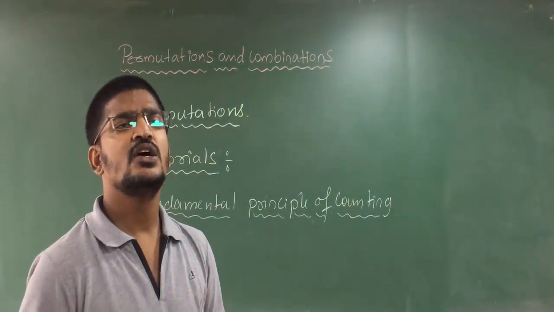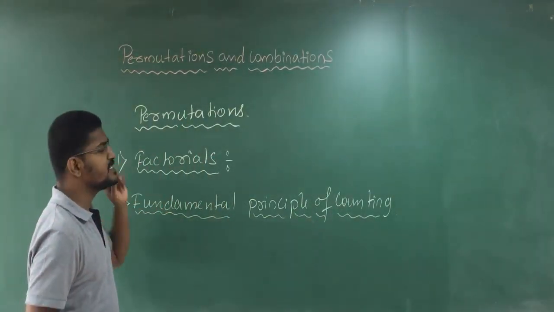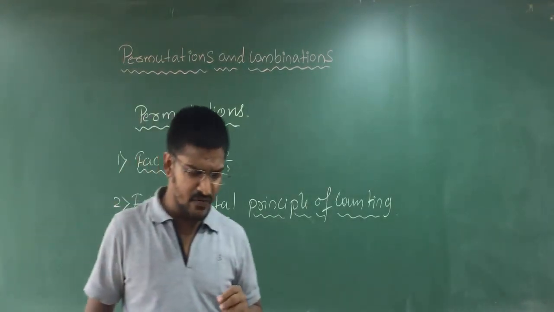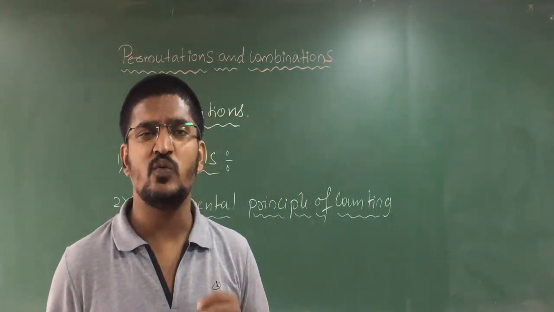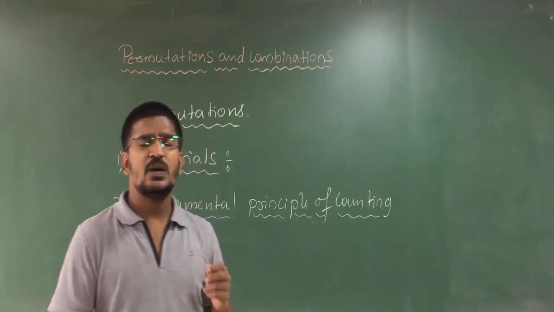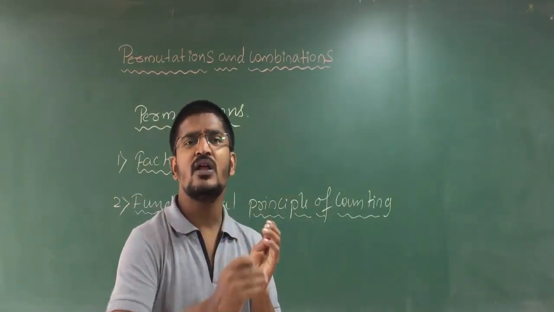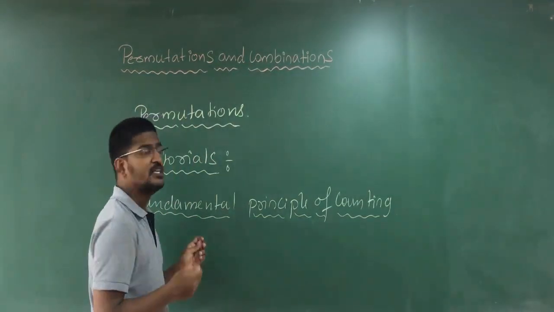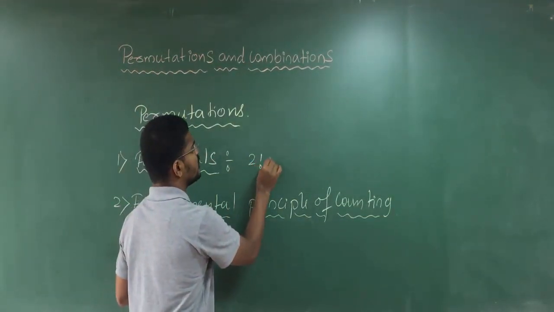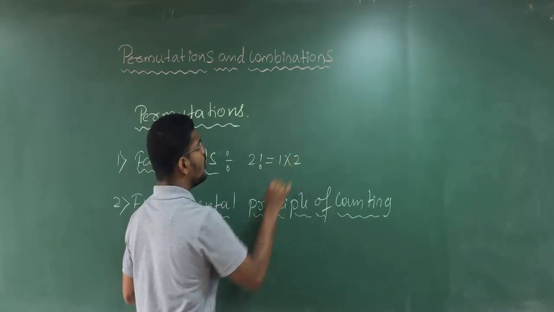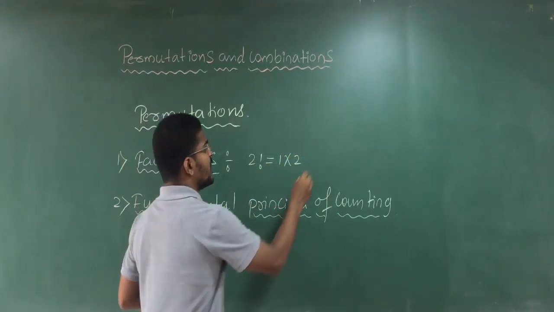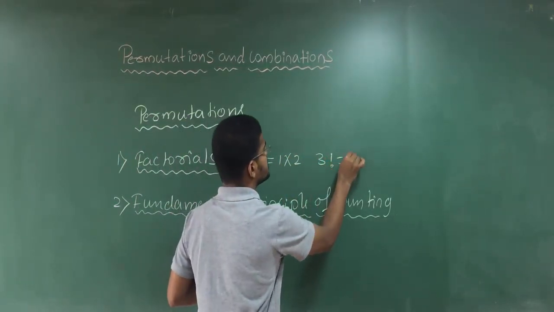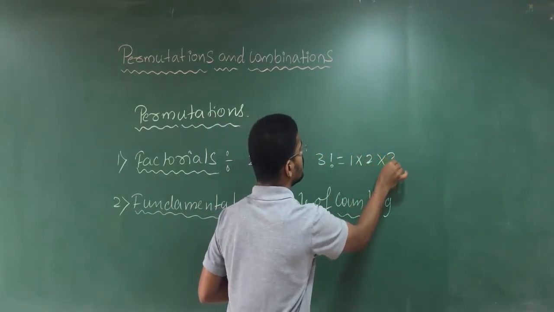Clear students? Now factorial is a very simple concept, which says the product of the number of elements. If I write 2 factorial, this is nothing but 1 into 2. If I write 3 factorial, it is nothing but 1 into 2 into 3.